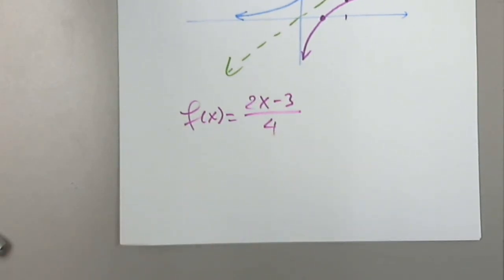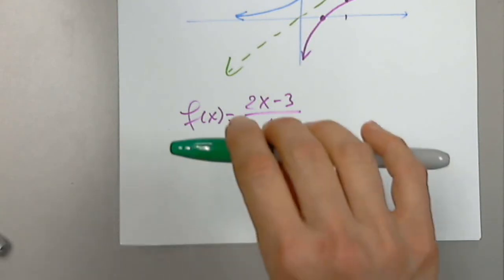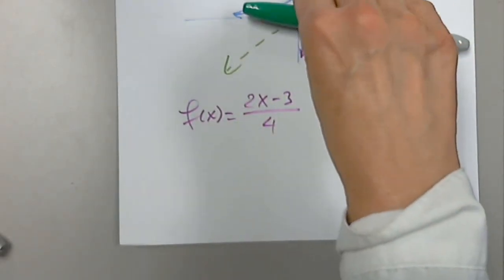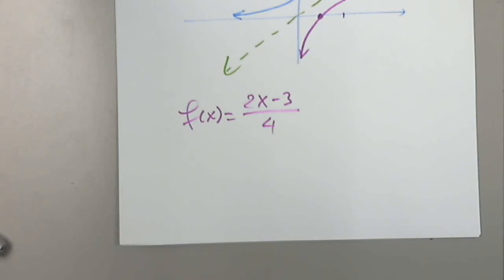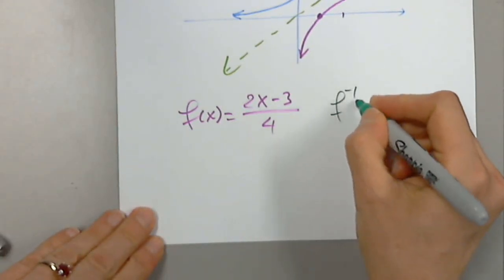What type of function is this? If it has x in the denominator, I will have to say rational. If it doesn't have x in the denominator, I will have to say linear. Good. Is the linear function 1 to 1? By the horizontal line test, the linear function is 1 to 1. So let's find its inverse.